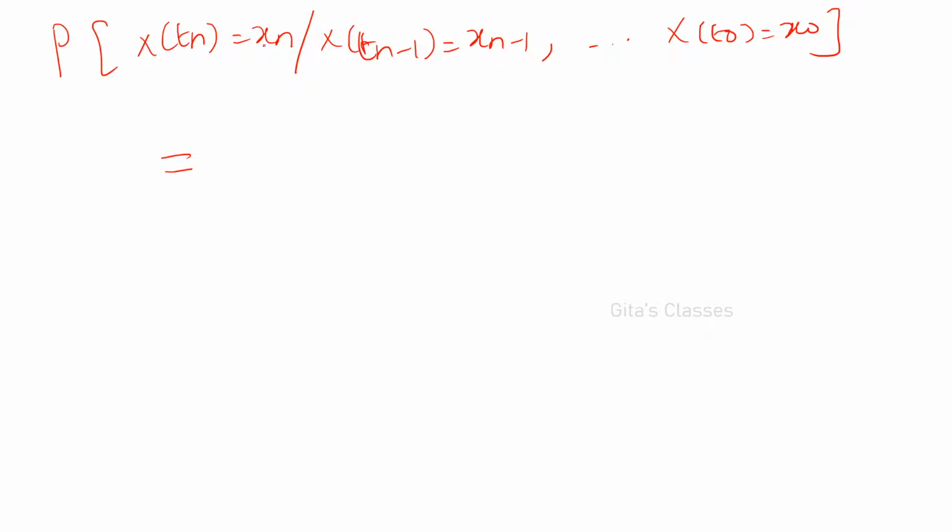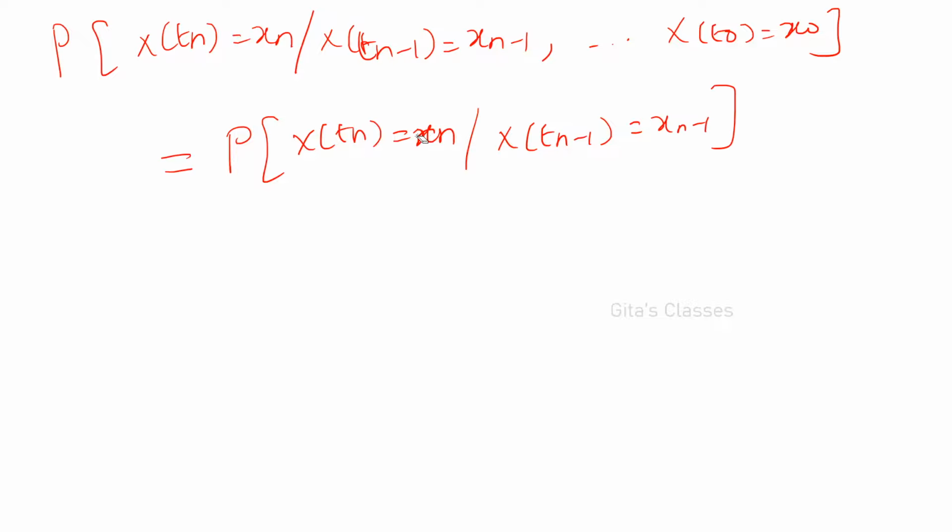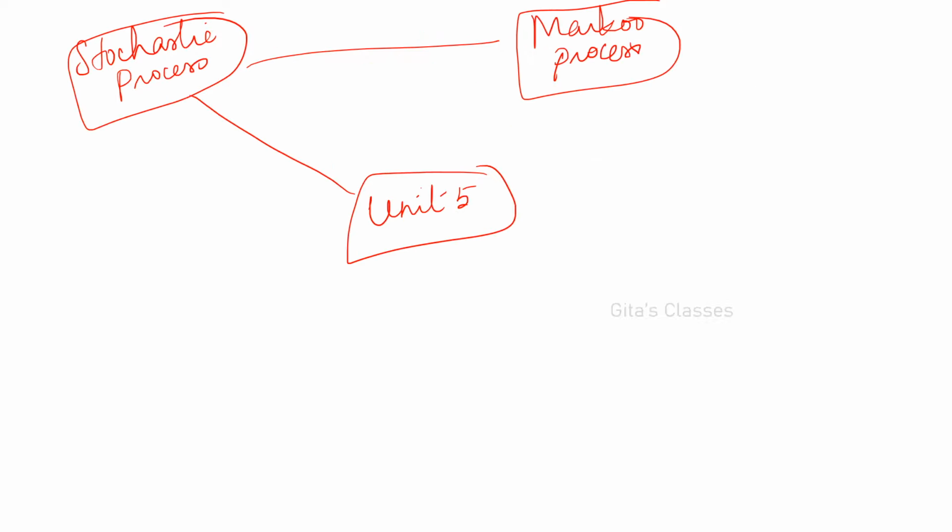Given means that before this happens, all these things would have happened, but this probability should be equal to that. That is, it depends only on the previous event, not on the other events, only on the preceding event. Then it is said to be a Markov process or Markov chain.